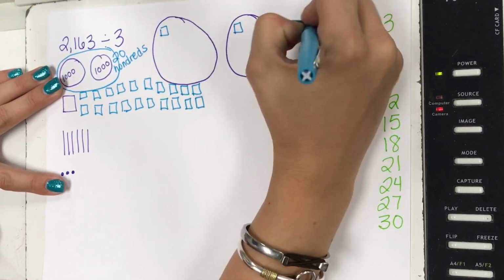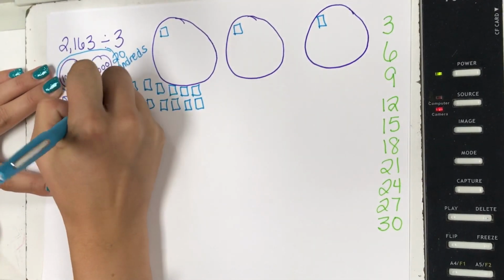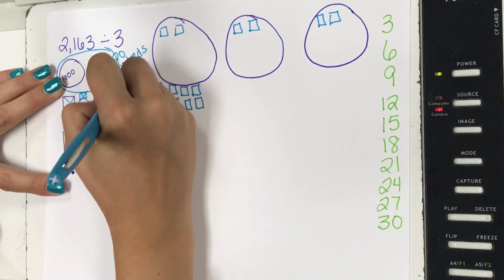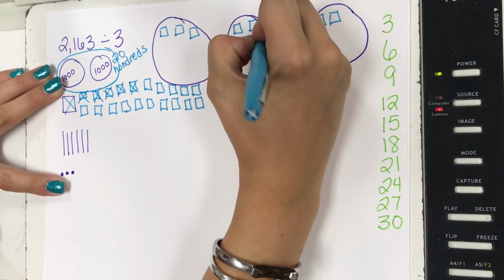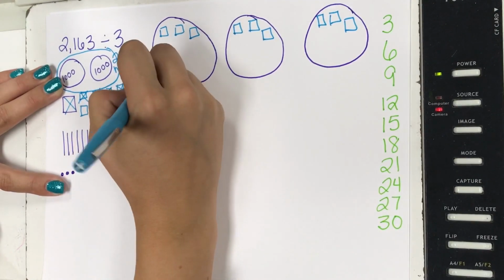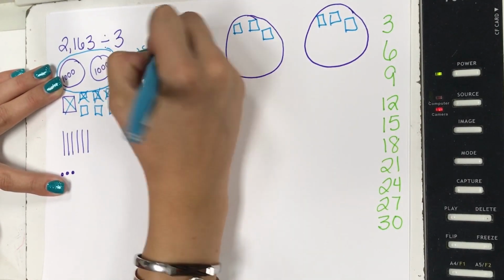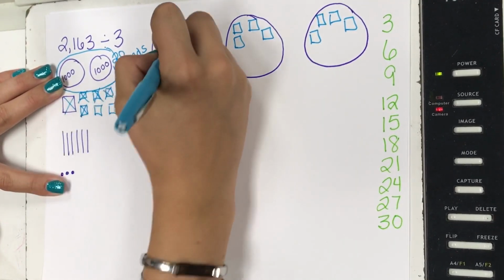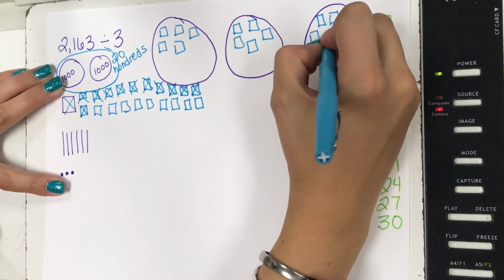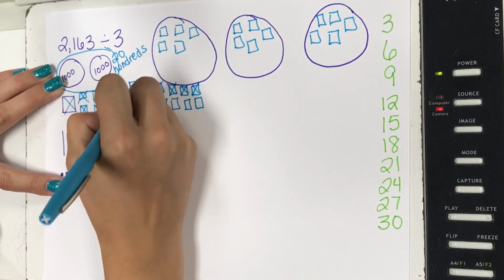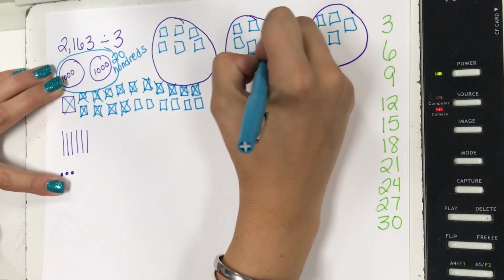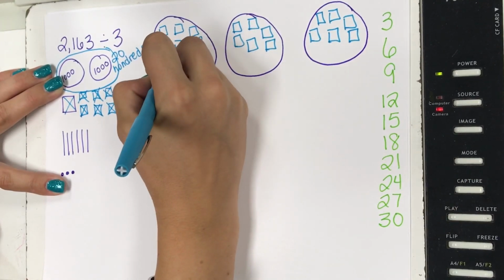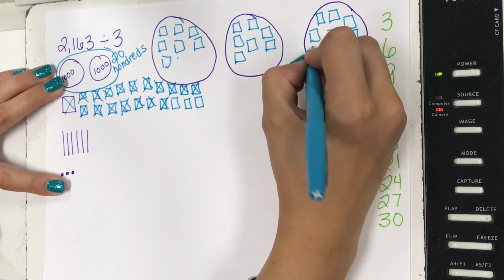1, 2, 3. 1, 2, 3. 4, 5, 6. 7, 8, 9. 10, 11, 12. 13, 14, 15. 16, 17, 18. 19, 20, 21.